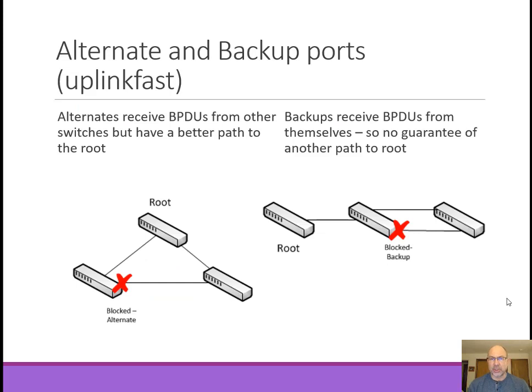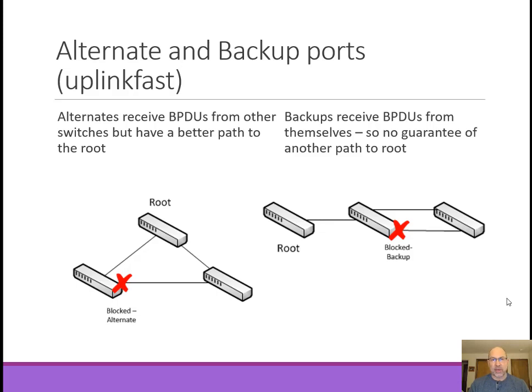Here are some topology diagrams that show where alternate and backup ports might be. In the case of the diagram on the left, the root bridge is the one on the top, and we can see that we need to block a port. But that blocked port has a secondary pathway back to the root, and so this becomes a blocked and alternate pathway. The one on the right is quite a bit different.